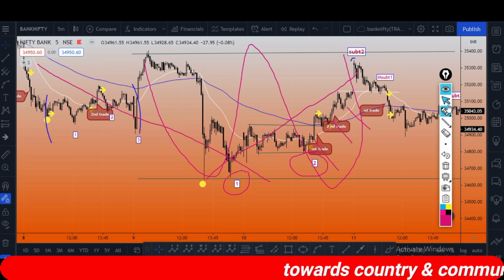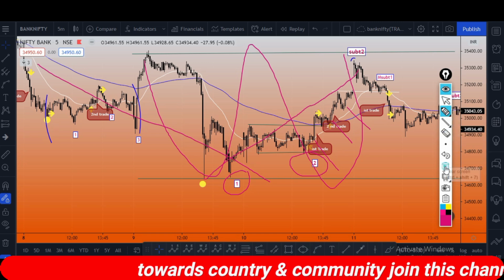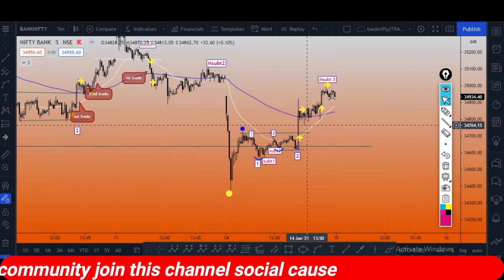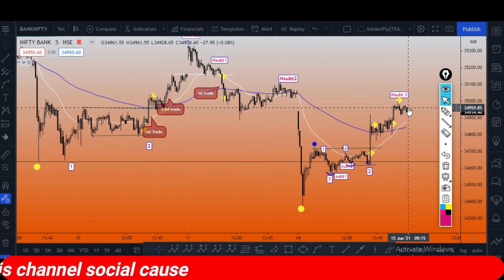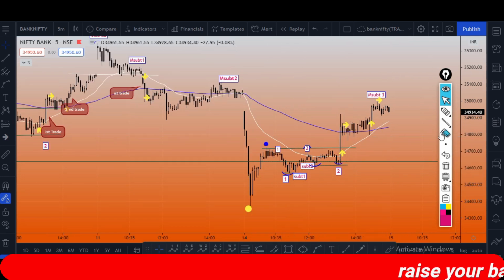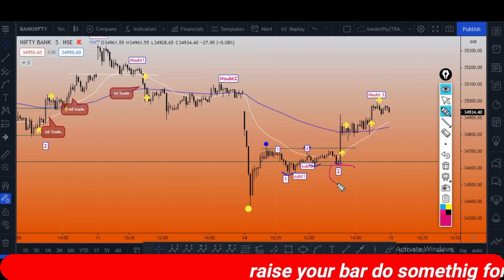Similarly, if this is also a counter trend cycle, then this would be the subtest 1 and this would be the subtest 2.